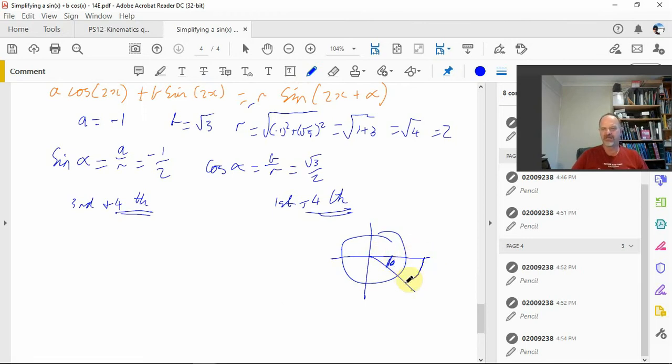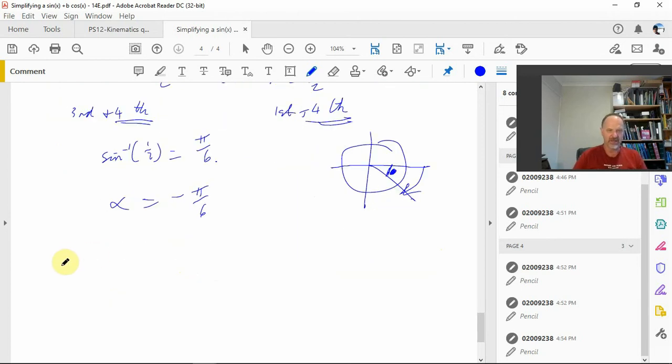And remember, we'll just go the closest way to it, so we'll go down that way. So sine minus 1 over 2, and when you look at your triangles, that would be pi on 6. So our alpha, the reference angle is pi on 6, we're going in the negative direction, so negative pi on 6.